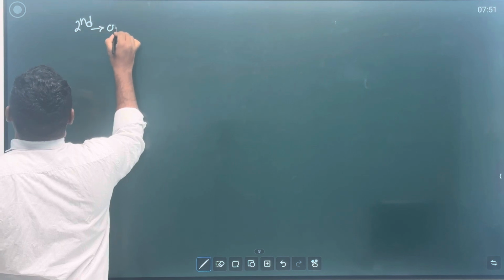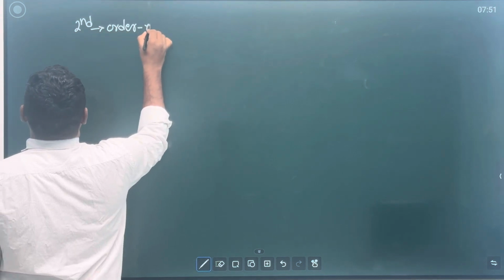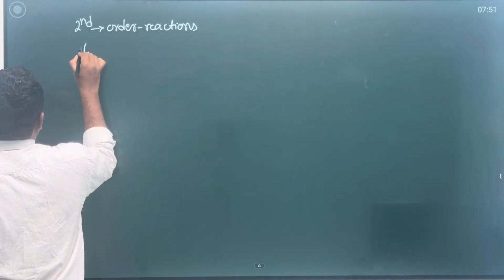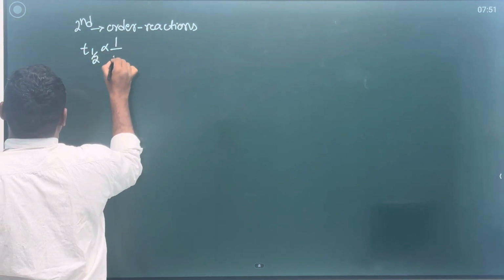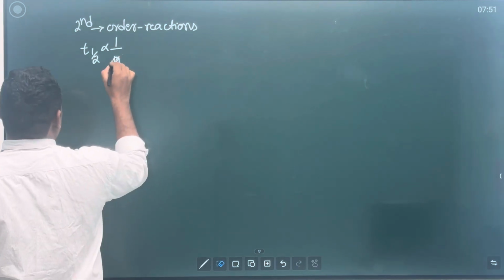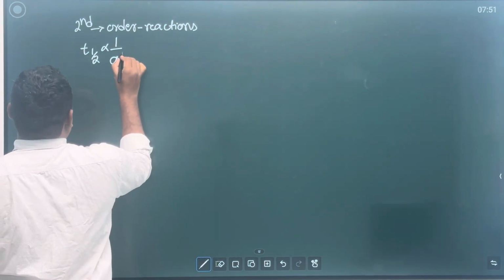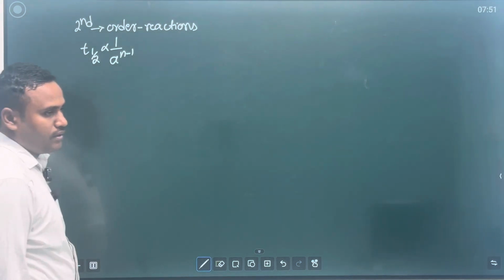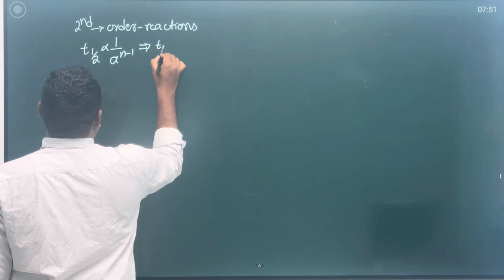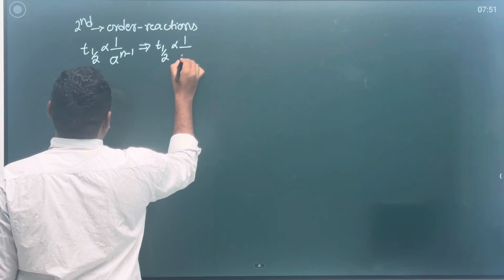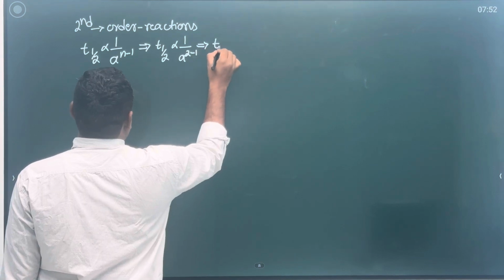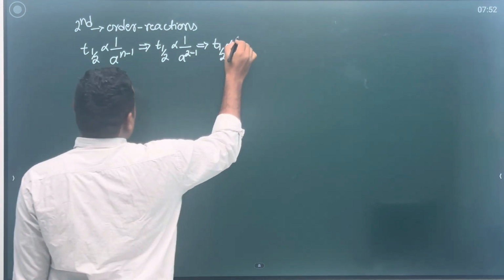In second order reactions, we know n is equal to 2. So t half is proportional to 1 by a power n minus 1, which implies t half is proportional to 1 by a power 2 minus 1, that is, t half is proportional to 1 by a.